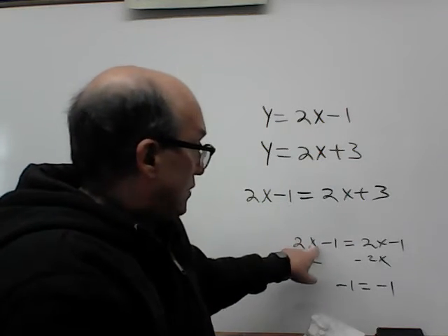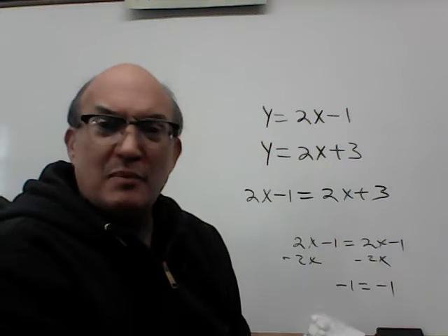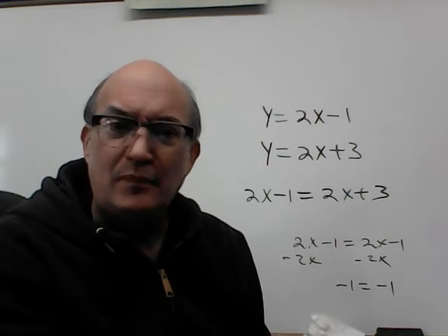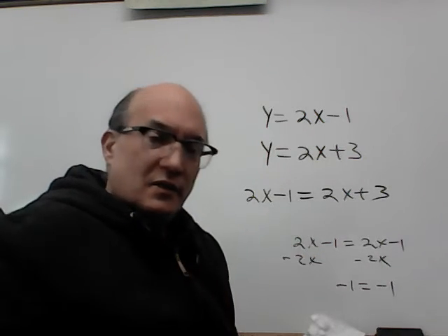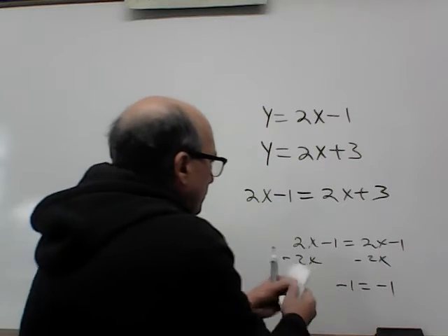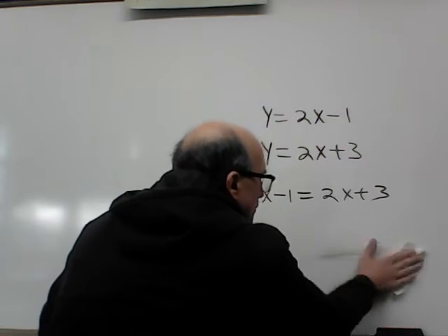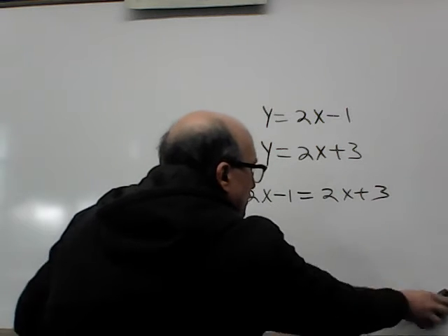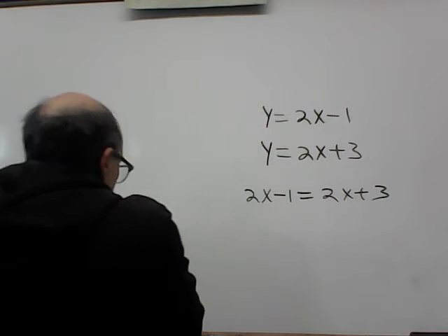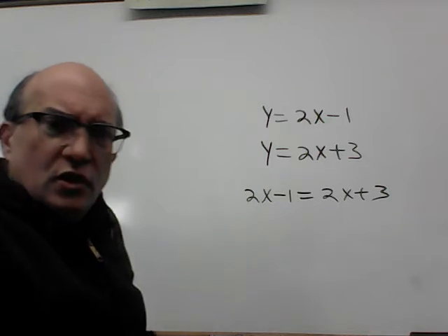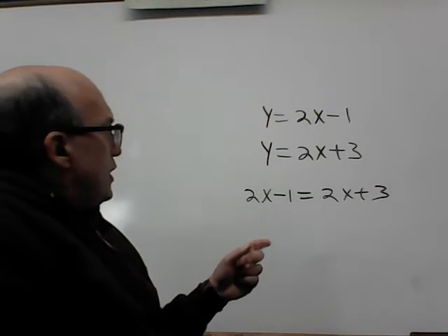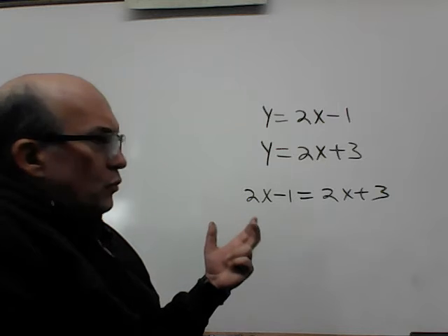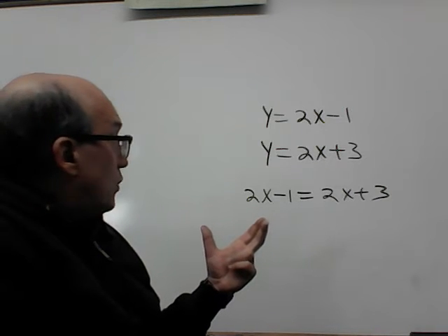No matter what x is, 2x minus 1 will always be the same as 2x minus 1. It's an identity. I neglected to go through that in the previous one. But there's a little bit of subtle distinction, or an additional understanding, that we get when we're thinking of this as a system of linear equations.